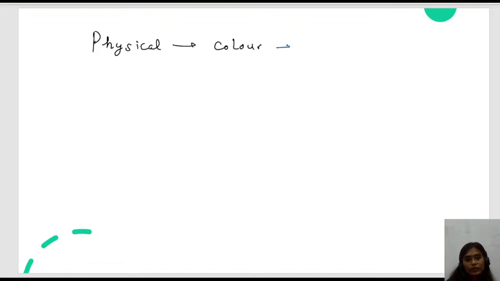Second, the state: it's a crystalline state. It means it is a crystal of this benzene diazonium chloride. So it's a crystalline salt.